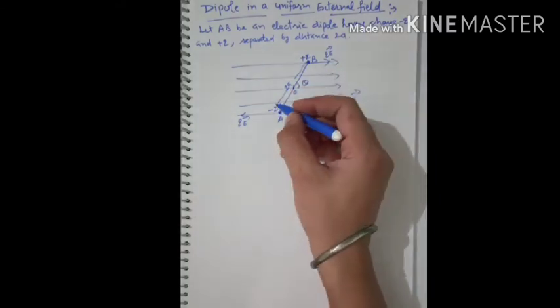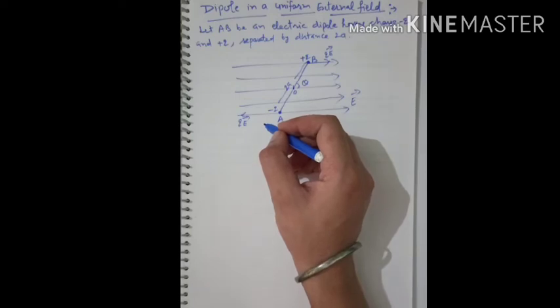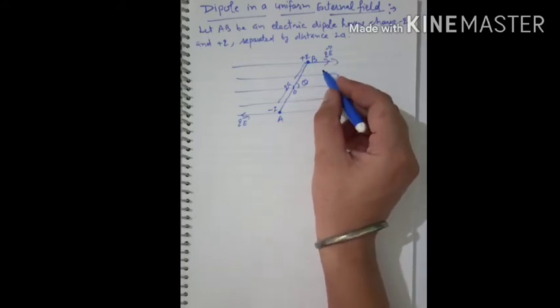Say that this point is O and 2a is the length of the dipole. The force on plus q and minus q charge is the same, but these forces act along different lines of action and constitute a couple, and rotate the dipole in the clockwise direction.